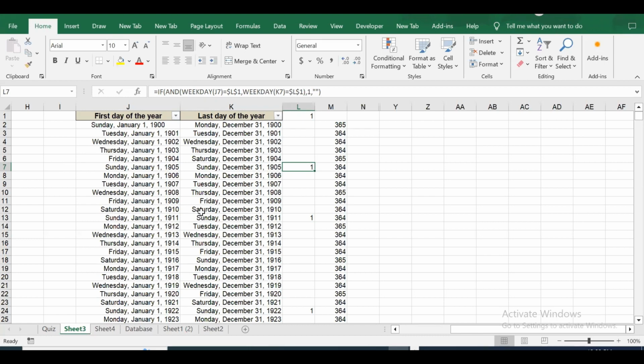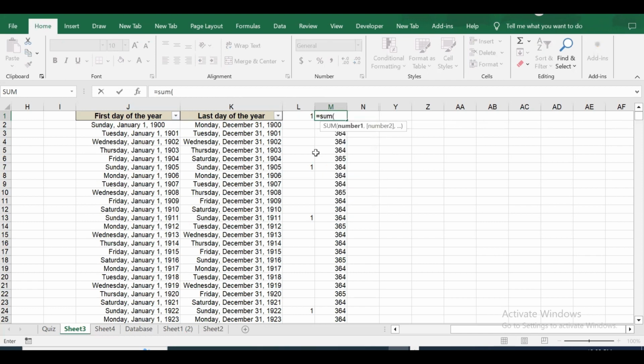And how many years in the Excel system start with Sunday and end with Sunday as well? So what we do is put a sum in here.